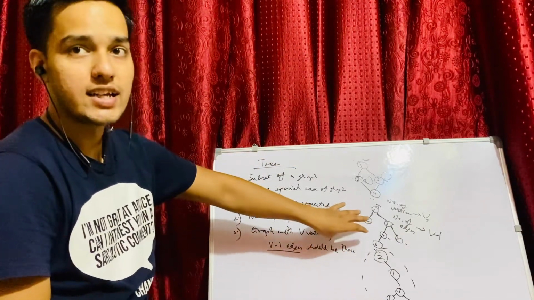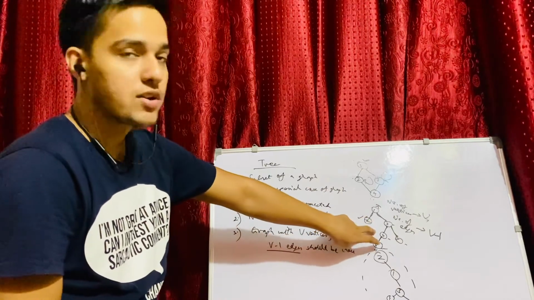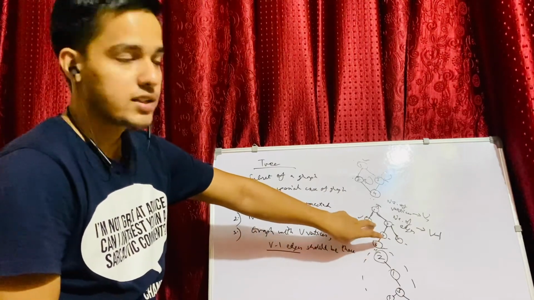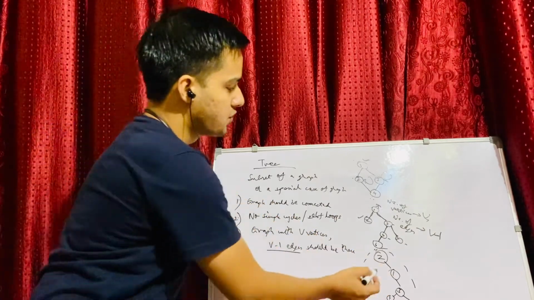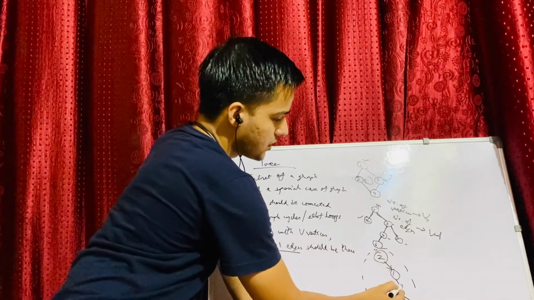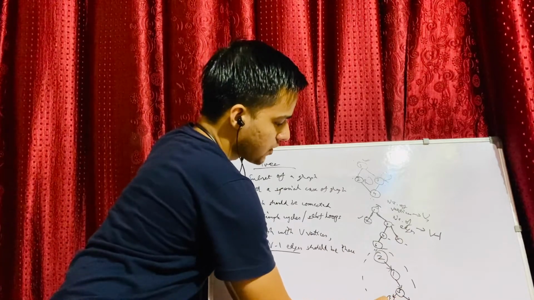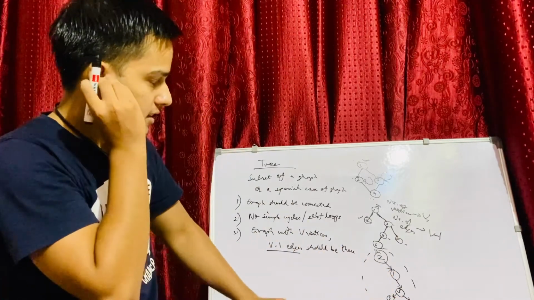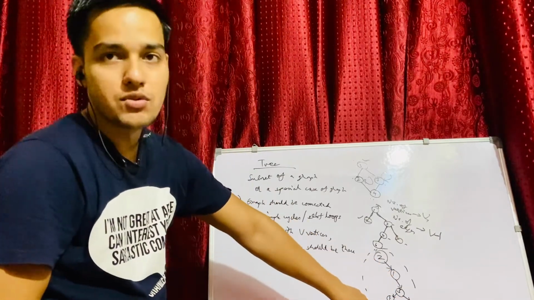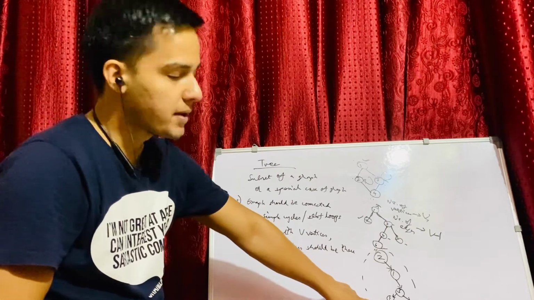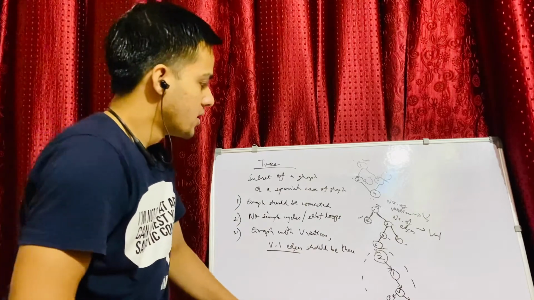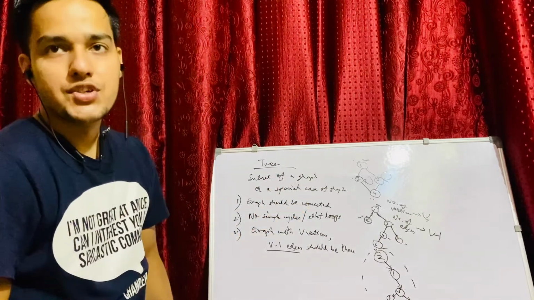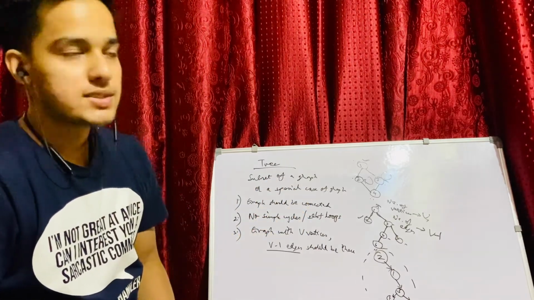Similarly, I can make any node my root, and then the direction of the edges would be pointing downward, because I always start from the root and always end at the leaf nodes, which are not parents of any other nodes in the tree.